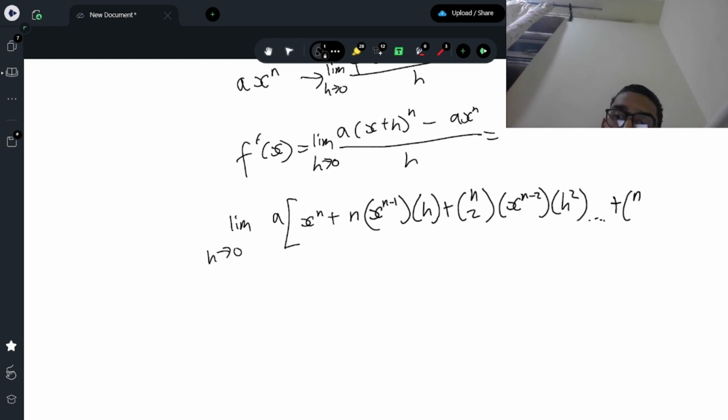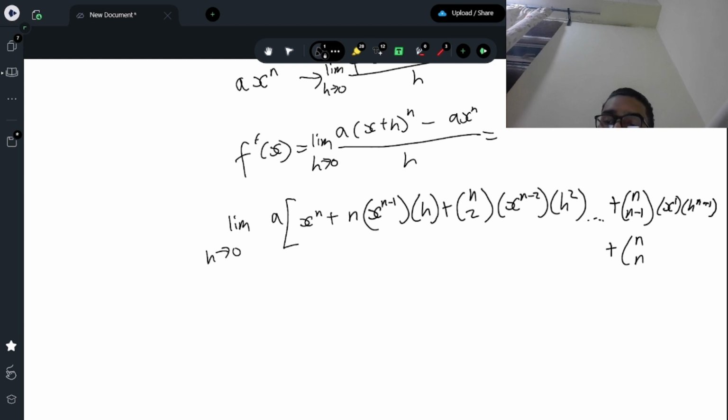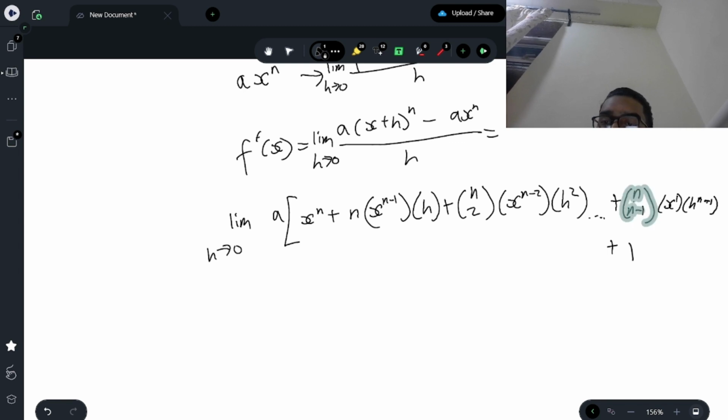plus n choose n minus 1 of x to the 1st power multiplied by h to the n minus 1, plus n choose n, which is just 1, as I said earlier. By the way, n choose n minus 1 is also n, I believe.